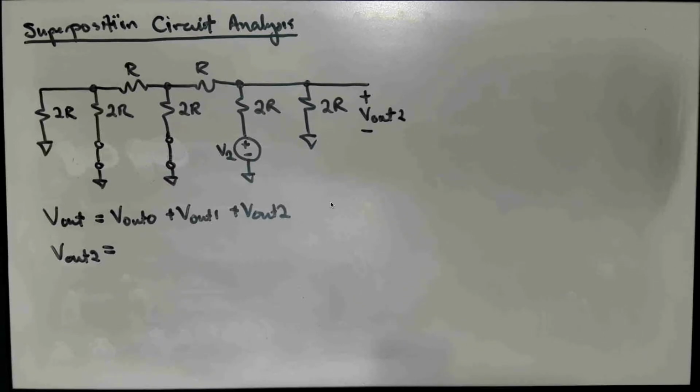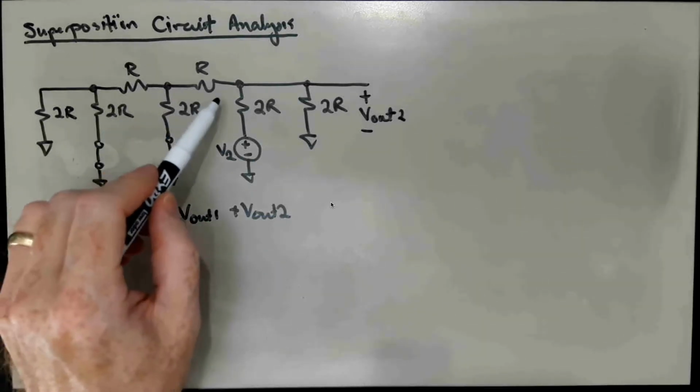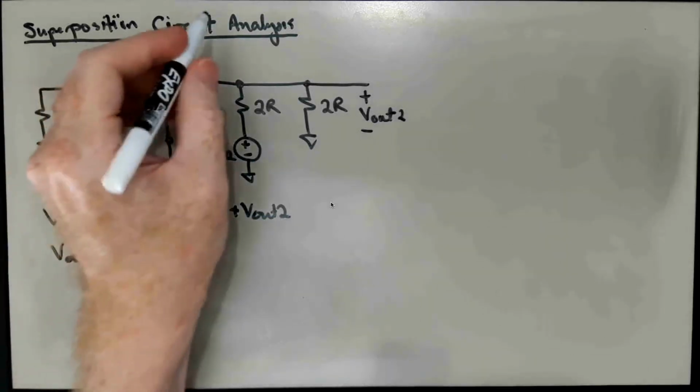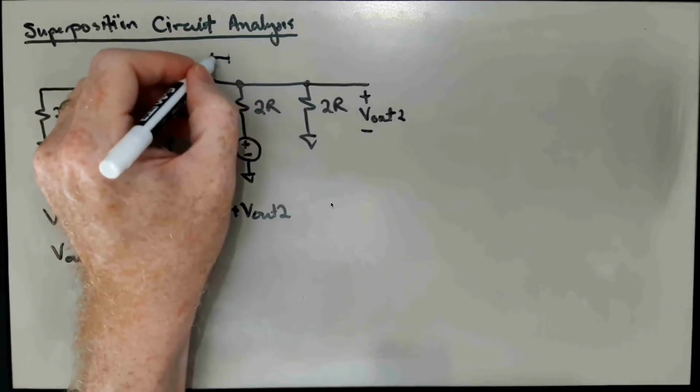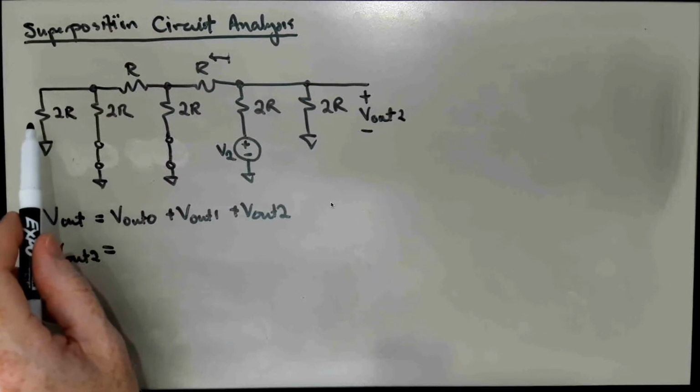Well, to the left of this point, we basically have a simple ladder network that we can easily collapse into a single equivalent resistance.